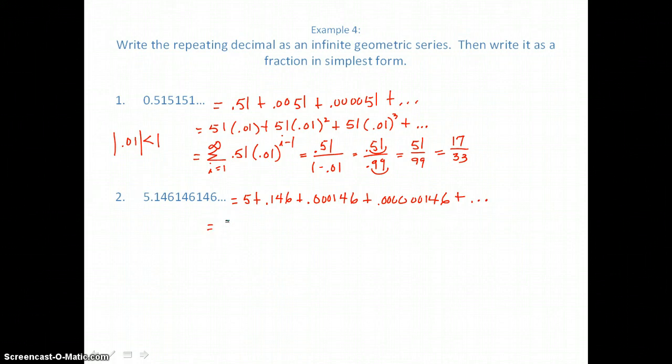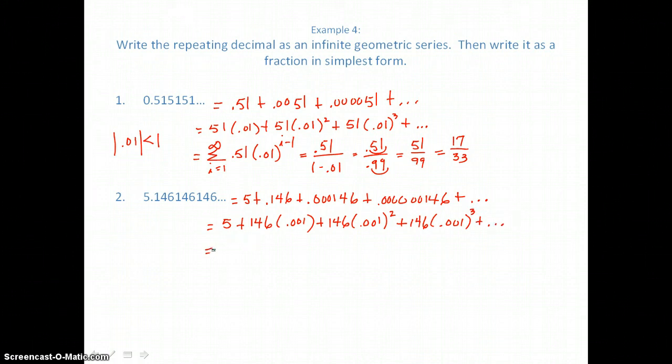Okay, so I can write it as 5 plus 146 times 0.001 plus 146 times 0.001 raised to the second power plus 146 times 0.001 raised to the third power, and so on.